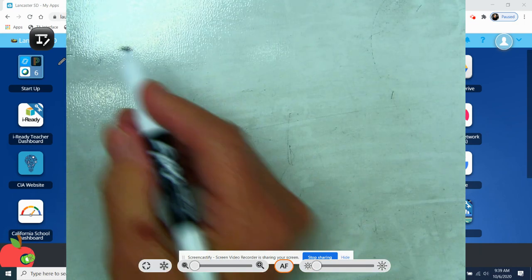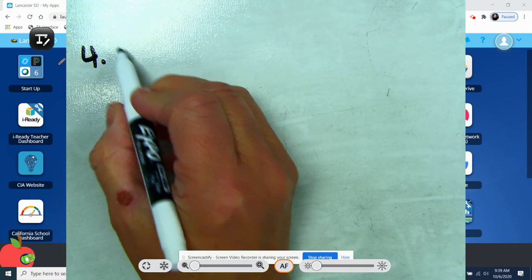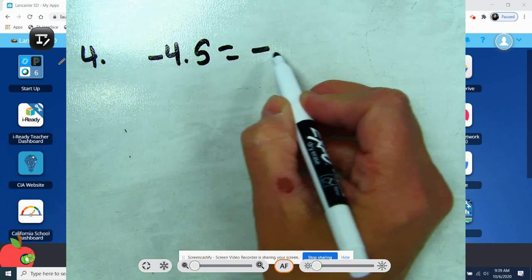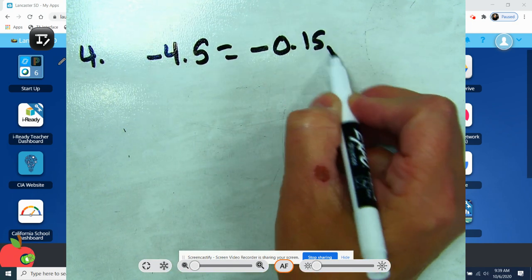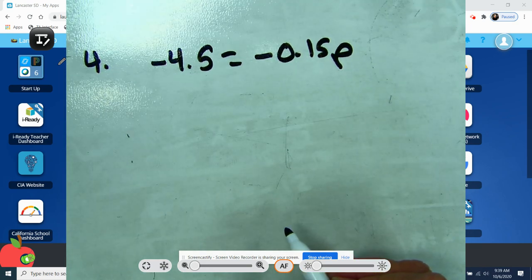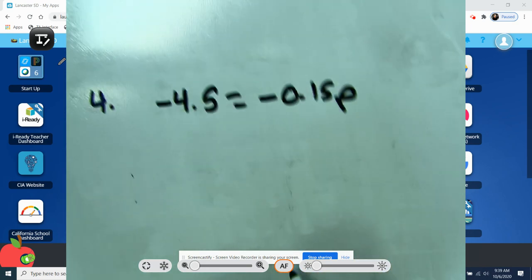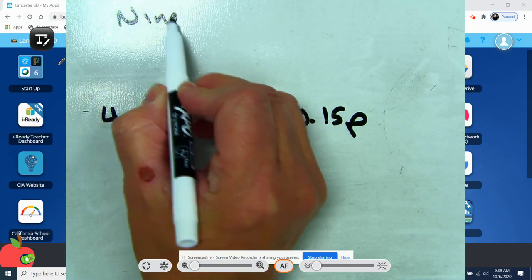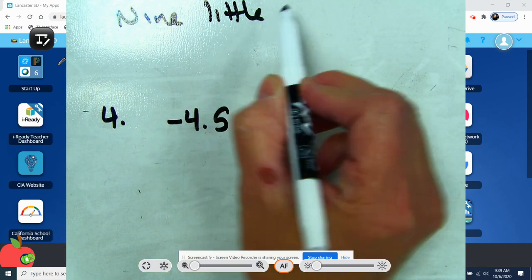Number 4, you have -4.5 equals -0.15p. You're going to use 9 little words. The 9 little words, you've got to remember these 9 little words.